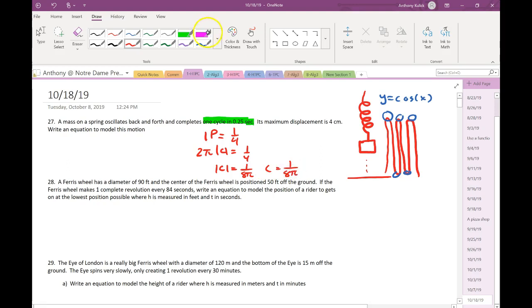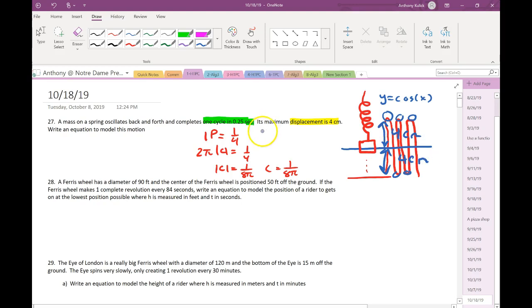Everybody okay with that? So when we say displacement, we write here the maximum displacement is 4 centimeters. What that's really talking about is the amplitude. You're correct. So if this is like the midline, we're saying my 4 centimeters is this displacement.